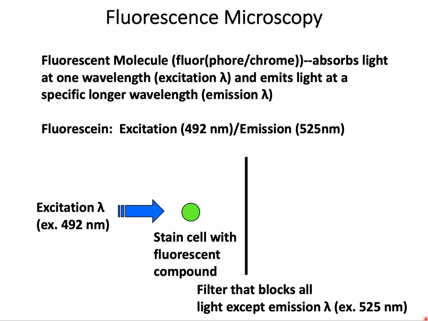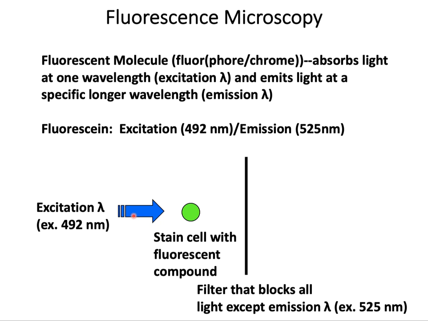But there is a problem. Not only does that fluorescent stain emit light at 525 nanometers, but many proteins within the cell are autofluorescent. So they too will be excited by the 492 nanometers, and the proteins will emit light at all different wavelengths and therefore produce a confusing result.